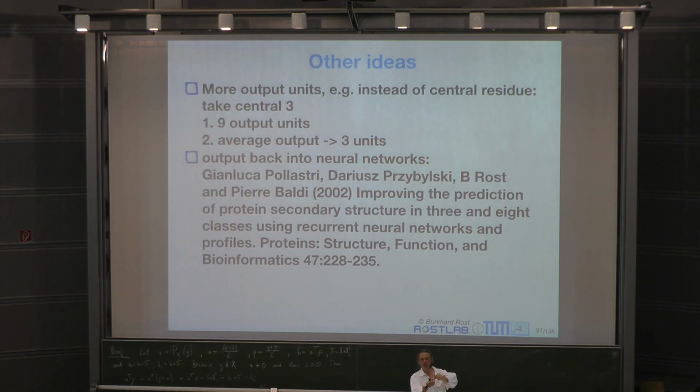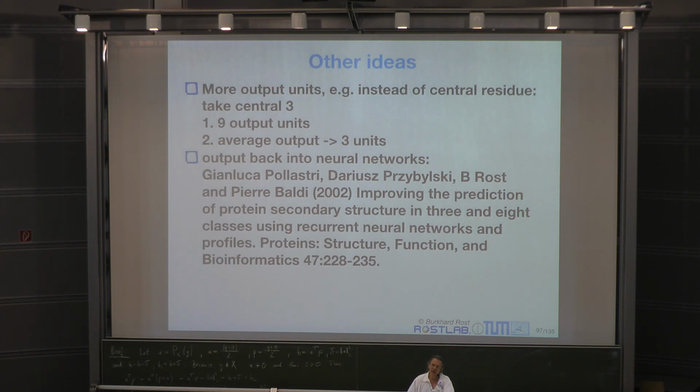There are other ideas in which you could have done that. One is, rather than having 3 output units, you have longer output windows, for instance 9, so 3 consecutive residues output. This did not quite work when it was first done, but it worked later when there was more data.